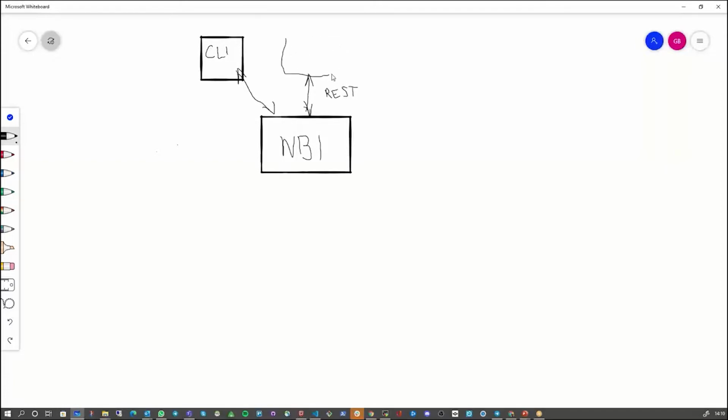Besides that, typically we have the graphical user interface, the GUI, and we have other systems. The CLI and GUI are mainly to use OSM directly, but it's also possible for other systems like OSS, BSS, or any other system to interact with OSM through the NBI, okay?